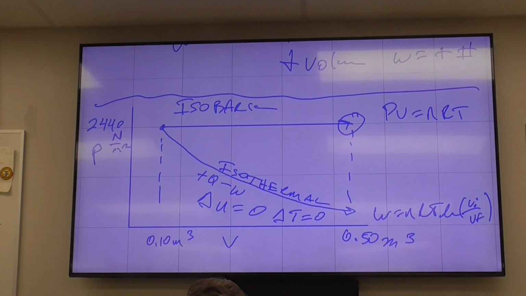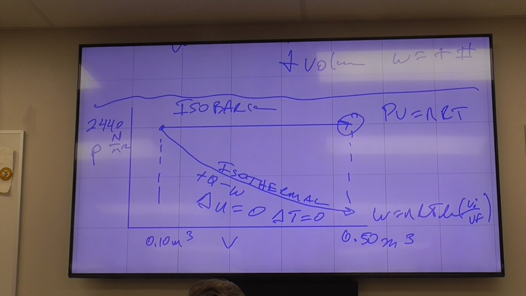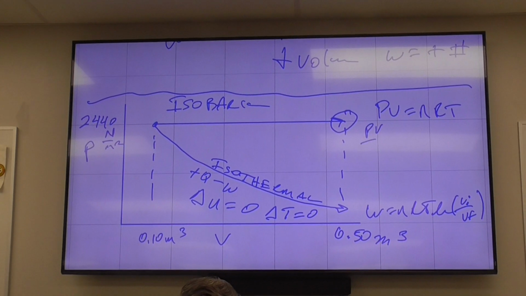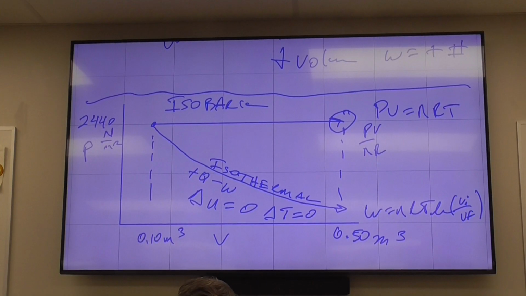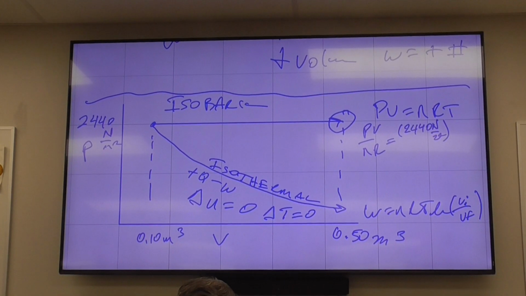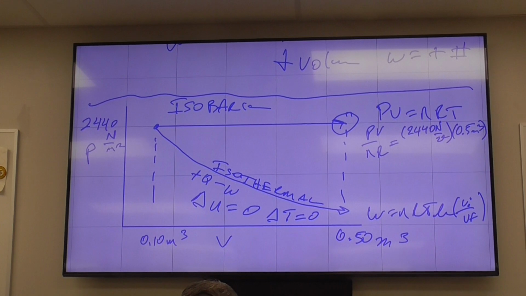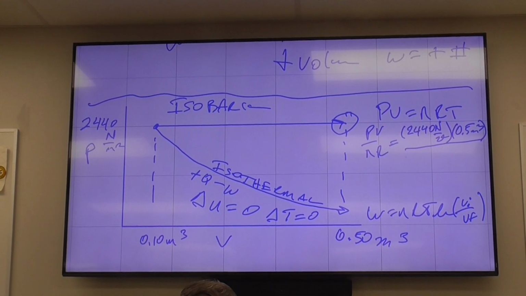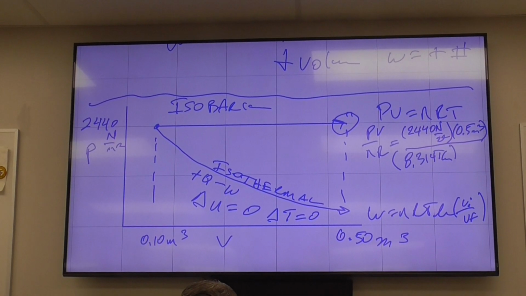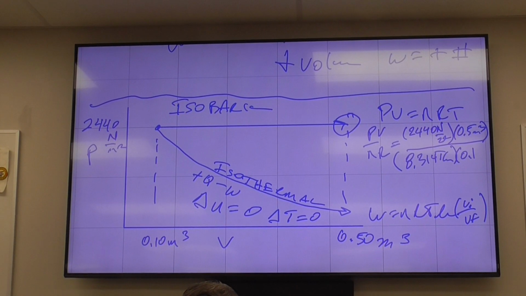So if you look at PV equals nRT, to find that new temperature, I can take pressure times volume over nR. My pressure was 2440, the volume is going to be 0.5 cubic meters, and I'm going to divide that by 8.314 joules per mole Kelvin and 0.1 moles.